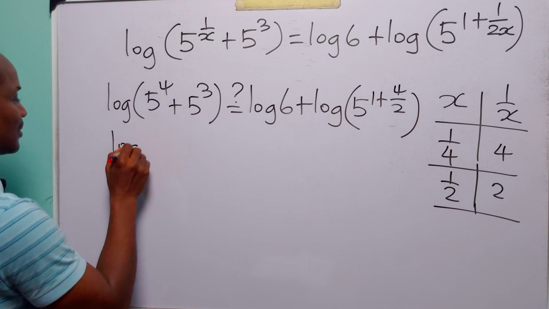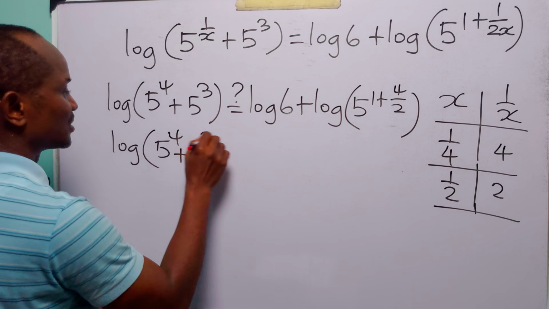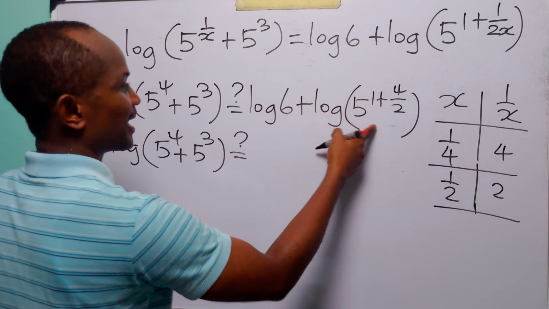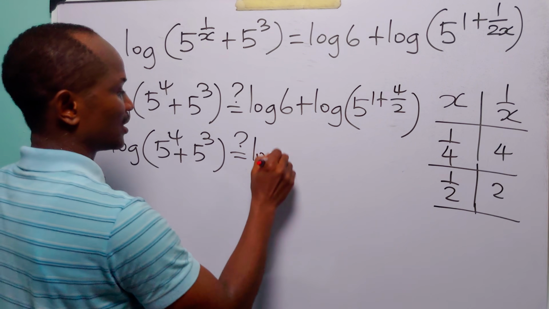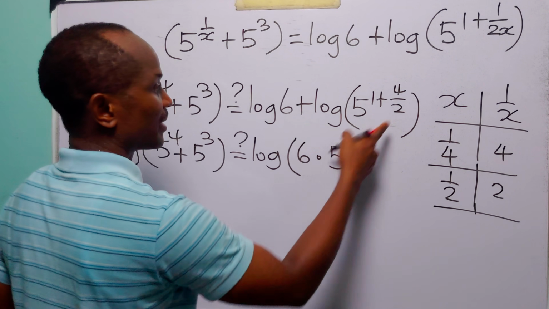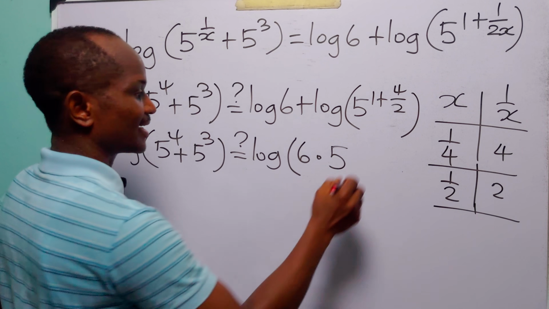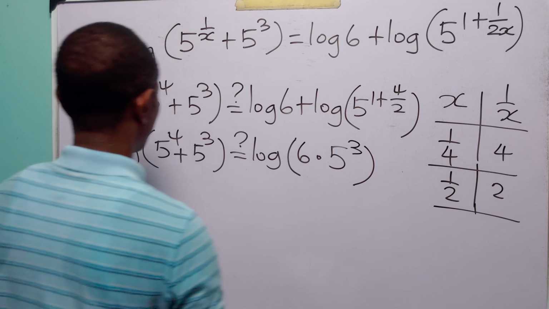We have log of 5 to the power 4 plus 5 to the power 3. Combining these two, we have log 6 times 5 to the power 4 over 2, which is 2. 2 plus 1 is 3. So this is 5 to the power 3.